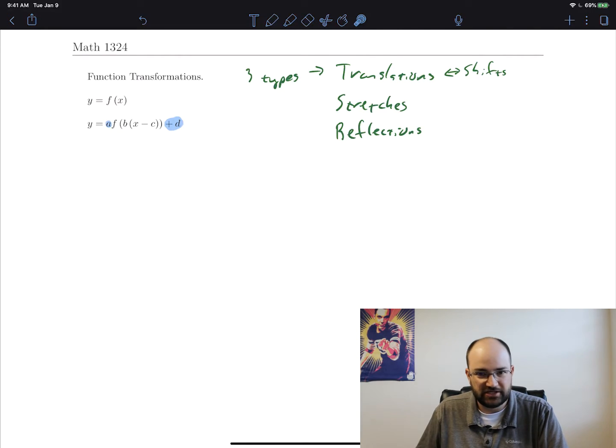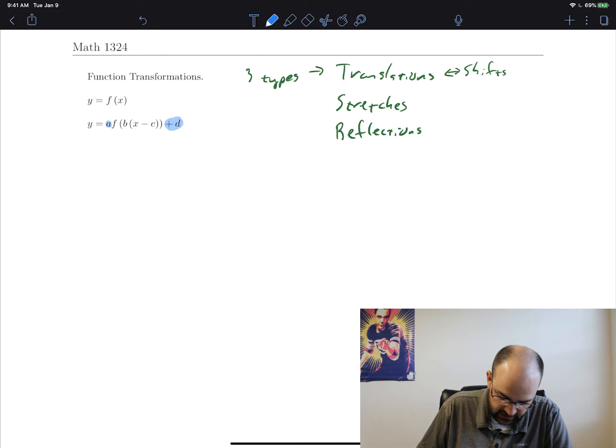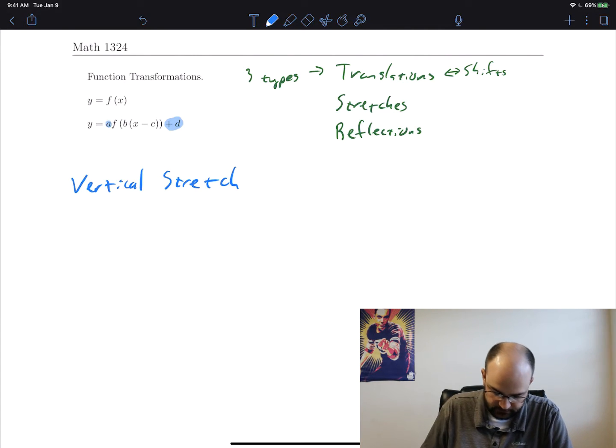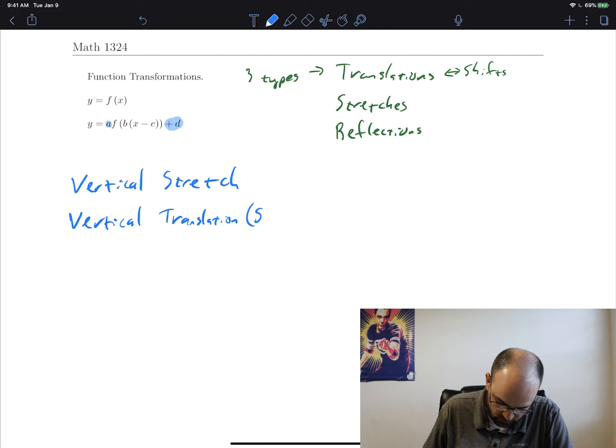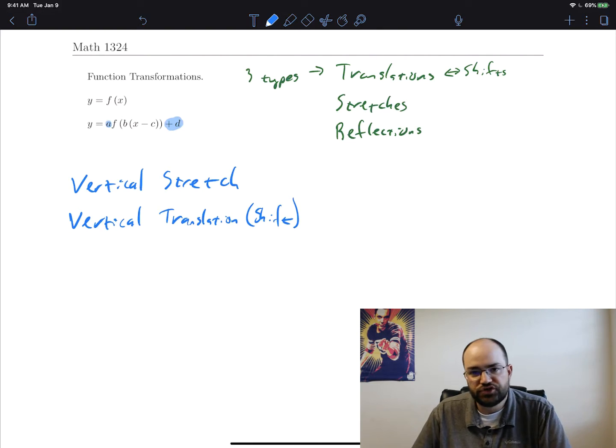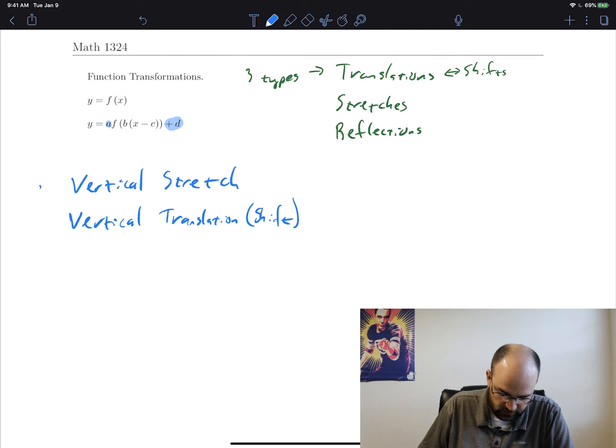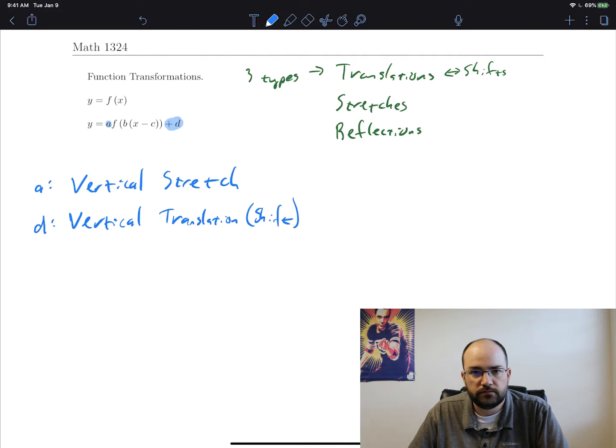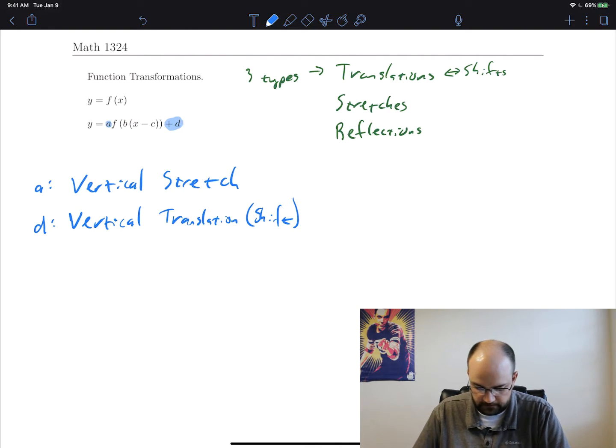Now, notice that one of them is multiplication, one of them is addition. The multiplication is a stretch, the addition is a translation or a shift. So what we would think of that as is a vertical stretch for A and a vertical translation, in other words, a vertical shift for D. So A tells us a vertical stretch, and D tells us a vertical translation or a vertical shift.